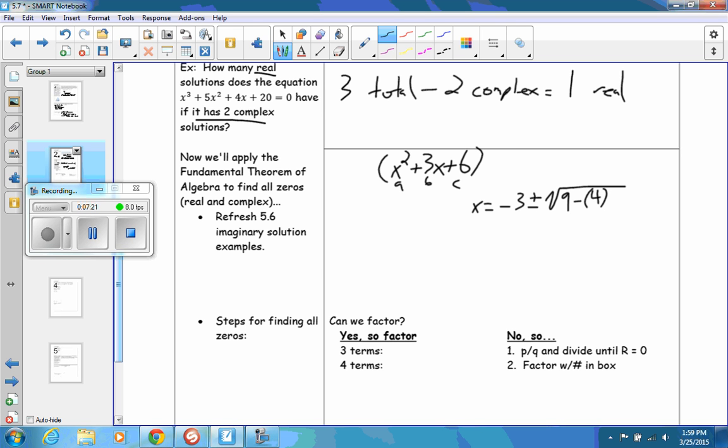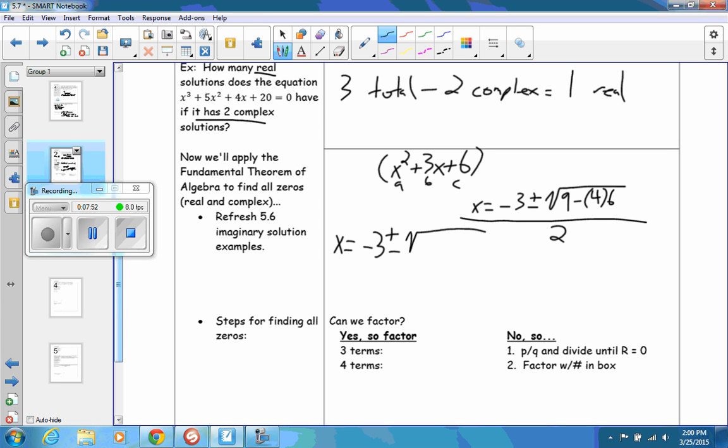I'm not even going to write it. What is c? 1, so I'm not even going to write it, so just 9 minus 4. Oh, c is 6, sorry. And 2a is 2 times 1, which is 2. It's my fault. So x equals negative 3 plus or minus, what's 4 times 6? 24. 9 minus 24.